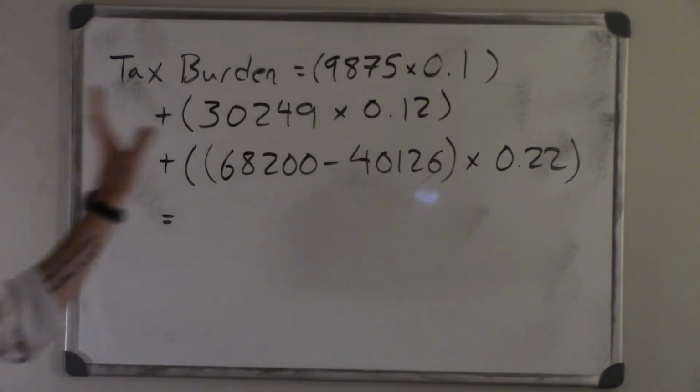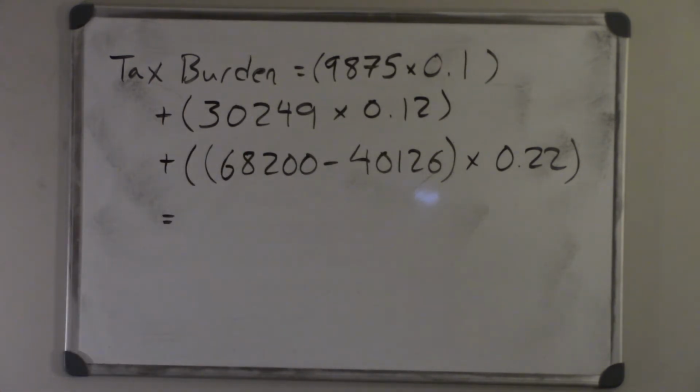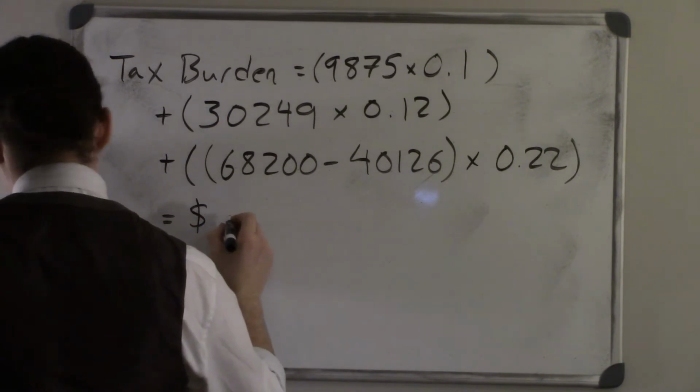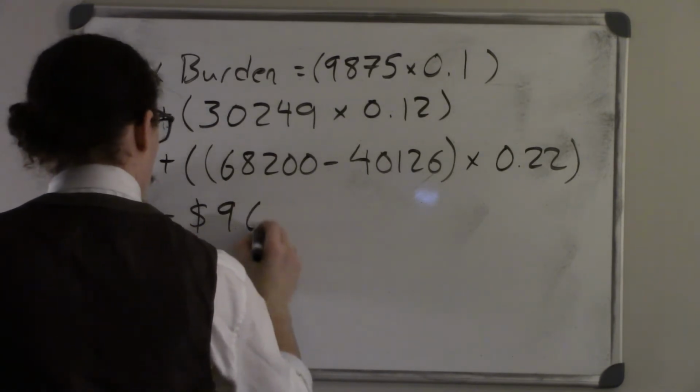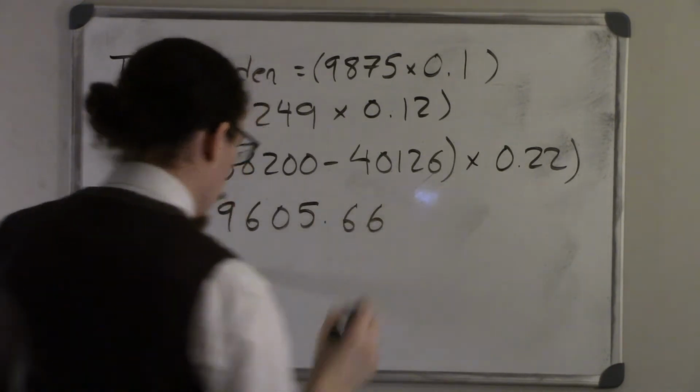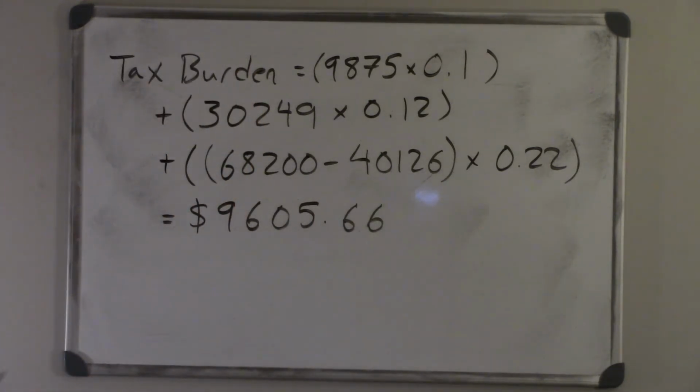Once we have all of that, punch all of this into our calculator, and we should come up with a tax burden of $9,605.66.